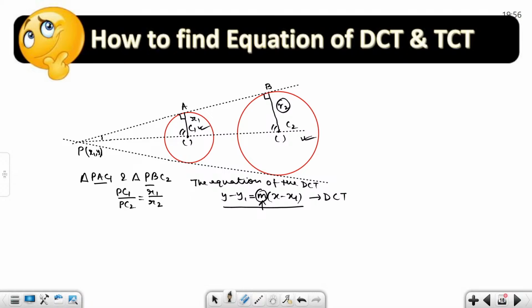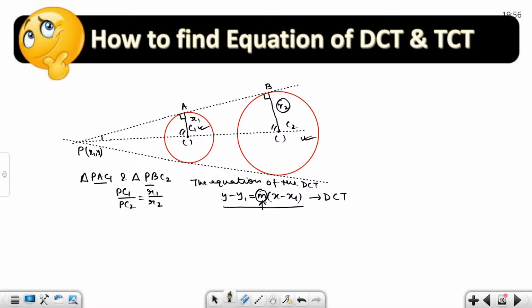So from there you are going to find out the point P. And the moment you have point P, I will write the equation of the direct common tangent as y minus y1 equals m into x minus x1.